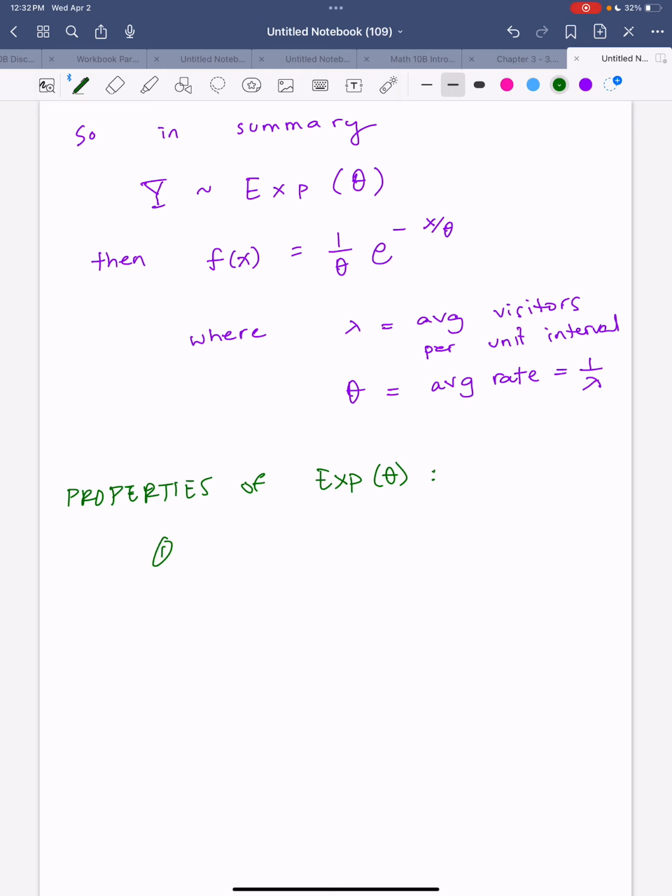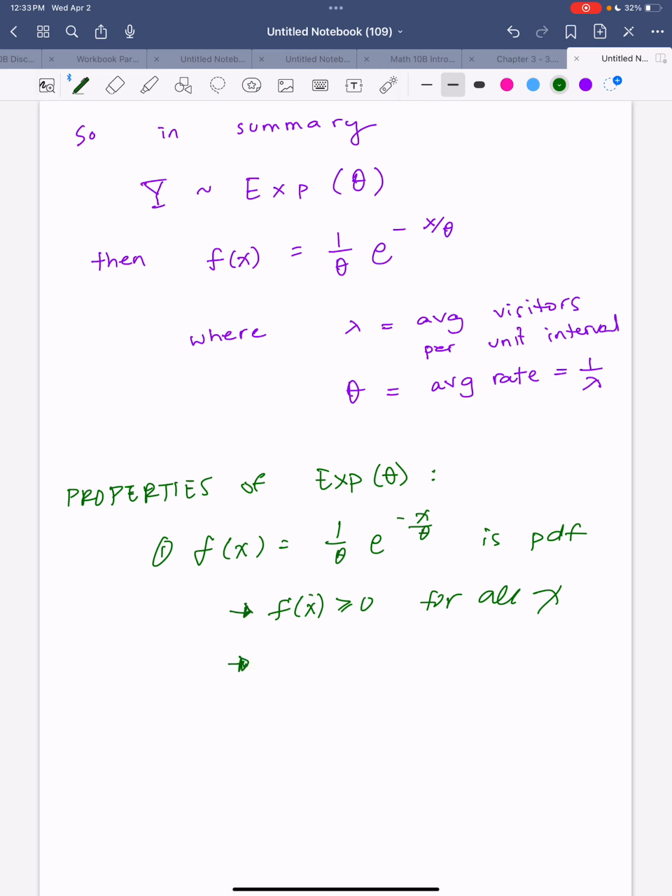So the first property we've already mentioned, which is that our PDF is 1 over lambda, or 1 over theta, e to the minus x over theta. Notice that our f is non-negative. Remember, we said there are two key properties of a distribution.